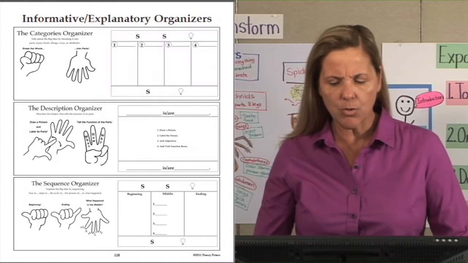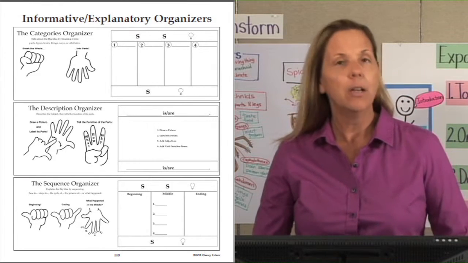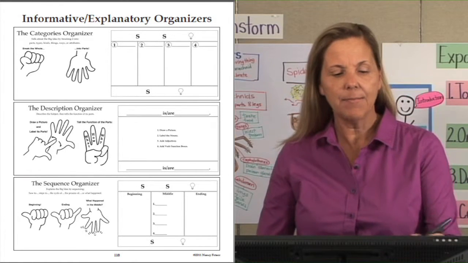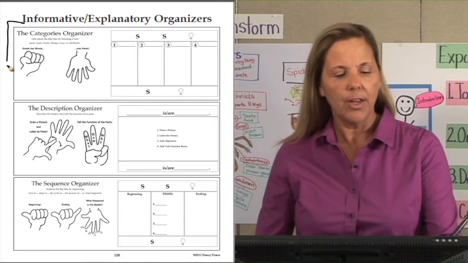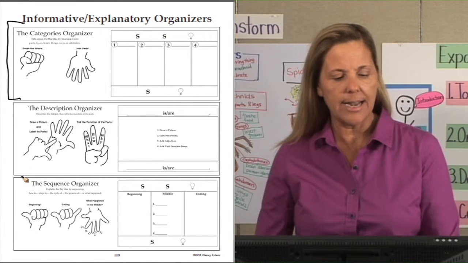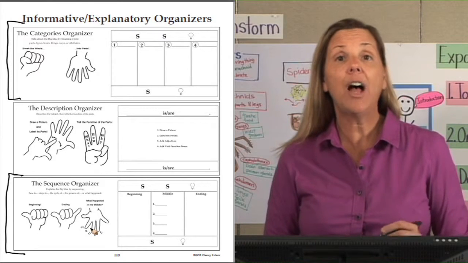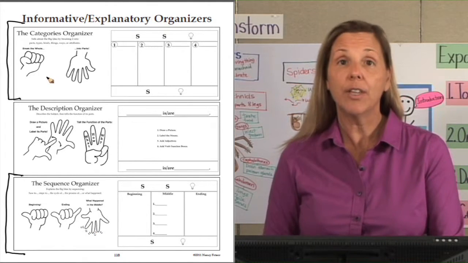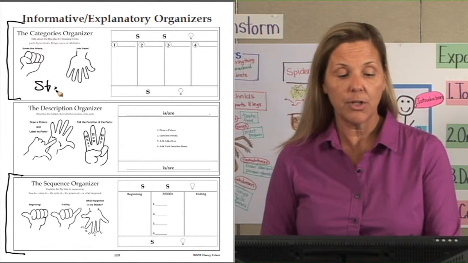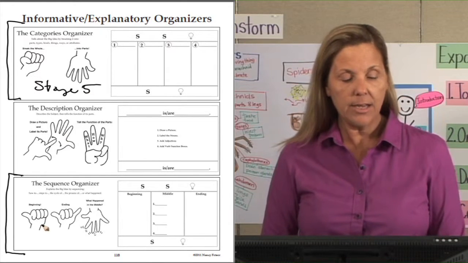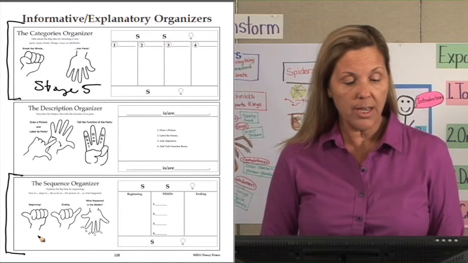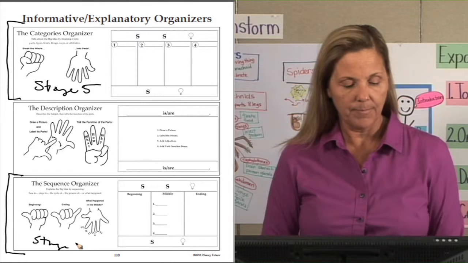Go to page 118. On page 118, you will see the categories organizer, and down at the bottom, the sequence organizer. At stage 5, you will be using this categories organizer and also the sequencing organizer.